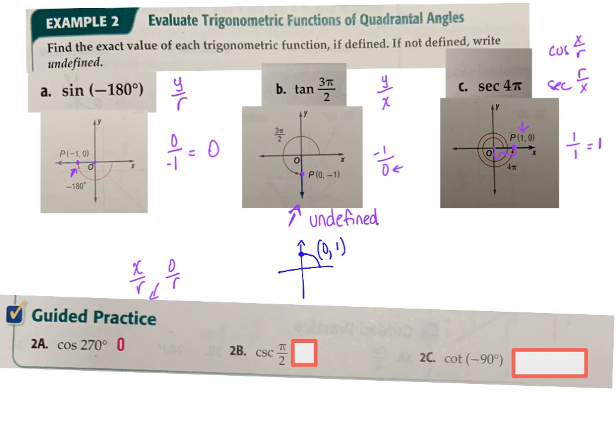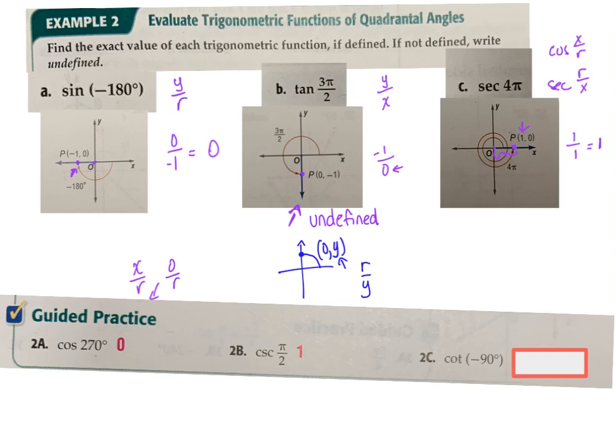Okay? Cosecant is the reciprocal of which one? Your sine. Which is r over y. What I know about this is my r and my y are the same thing right there, yes? So I end up with r over y, which are the same things. So anything over itself is 1.